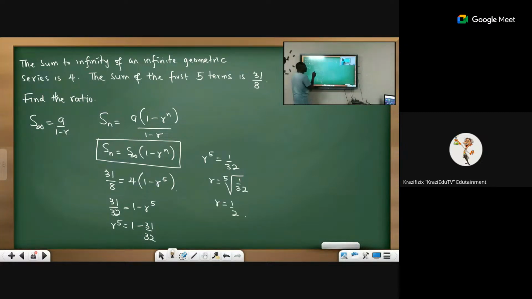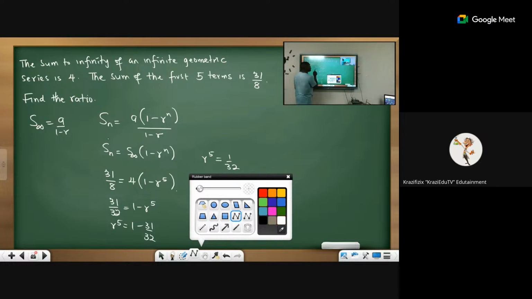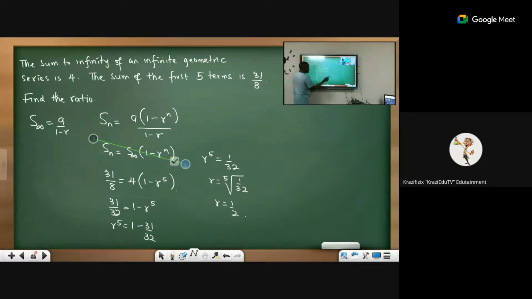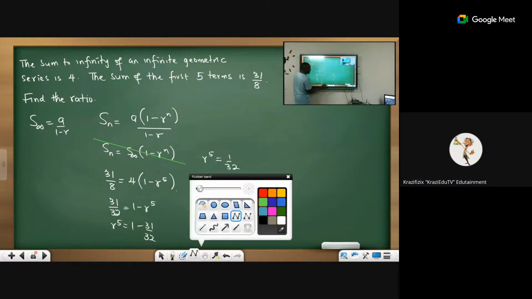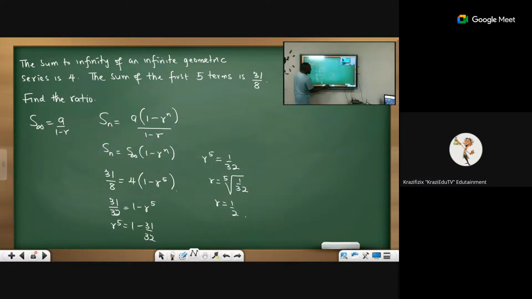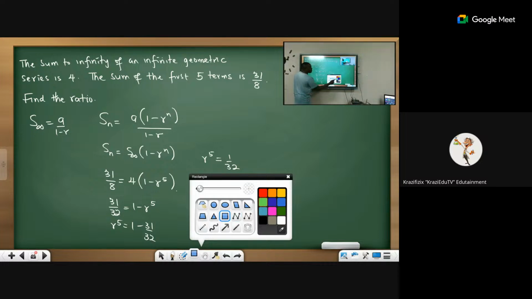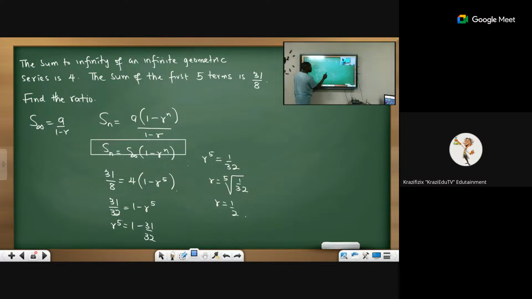So with this formula, I have already done the simultaneous for you. If you remember and know how to use this formula, I have already done the donkey work of the simultaneous for you. But remember, if it's S infinity, it is 1 minus r to the power n. Did that make sense?